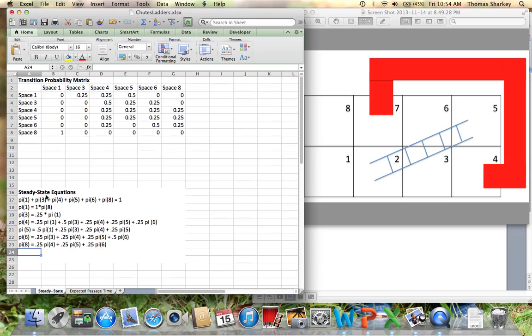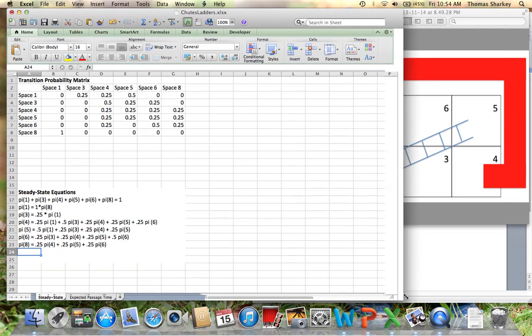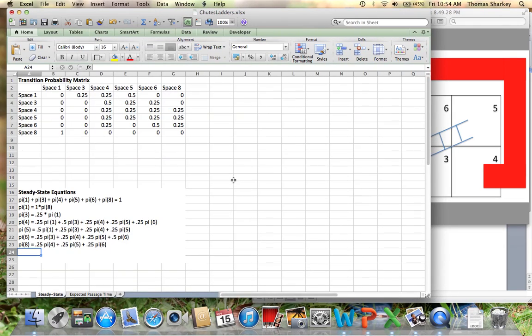So we have the steady state equations. We need to solve them to get the percentage of time that we end our turn on each space. So we're going to expand the Excel sheet so that we can solve for these equations using the solver.